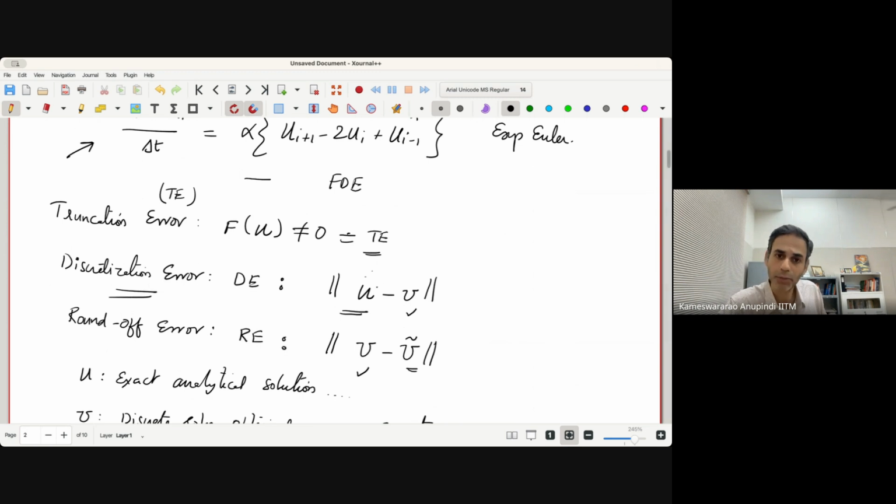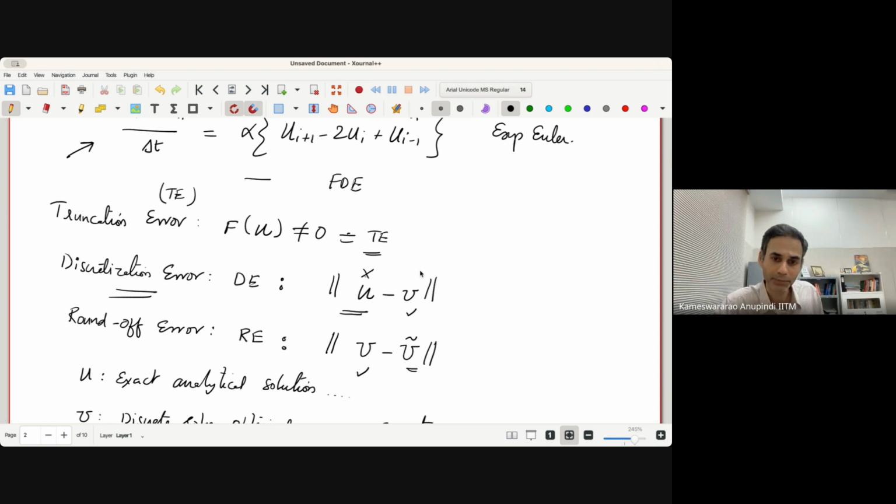For all other problems, you'll be able to at least quantify the discretization error for certain schemes and certain equations. But for practical problems, you won't be able to calculate the discretization error because you would not know the exact analytical solution. In fact, if you had known that in the first place, you would not take the step to calculate it numerically.